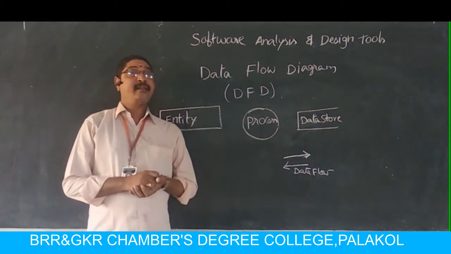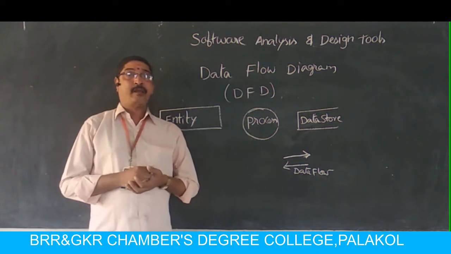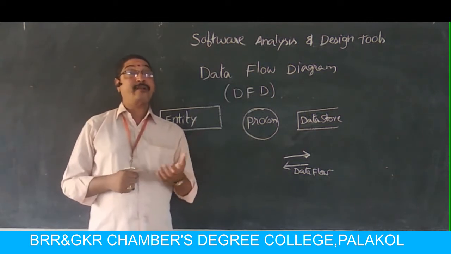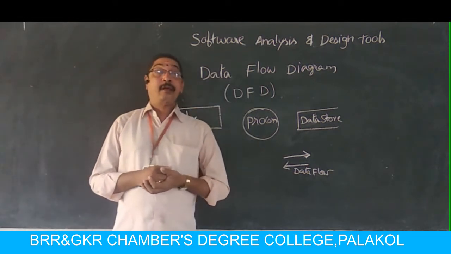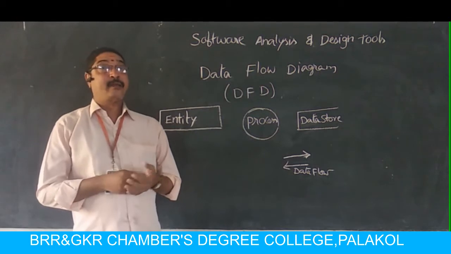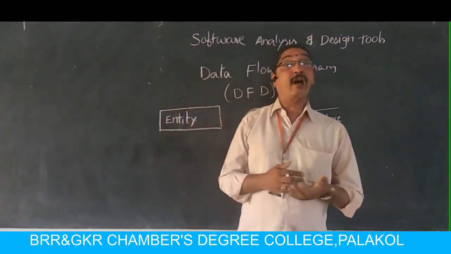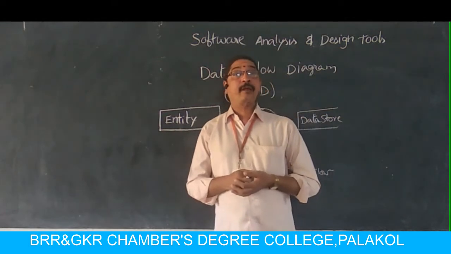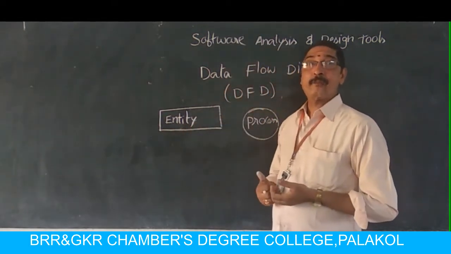The entity means which contains some several information. That means entities are the source or destination of information. Entities are represented by rectangles. This entity may be source or destination of data or information. So these will be represented with the help of a rectangle.